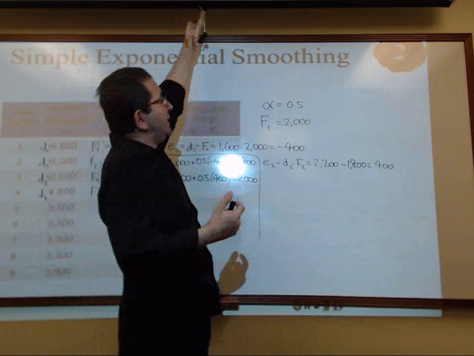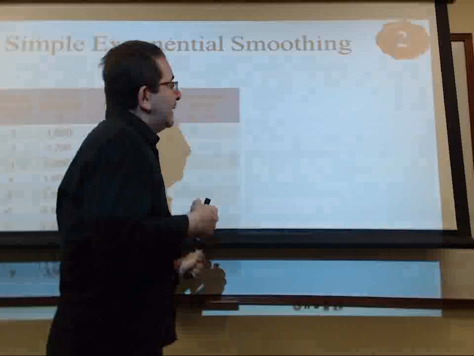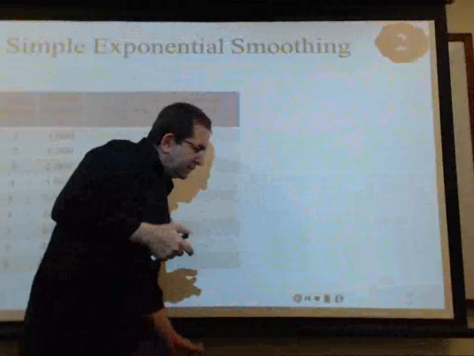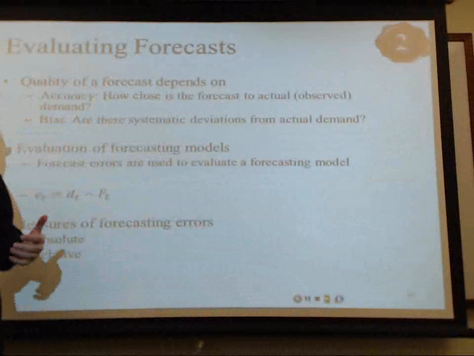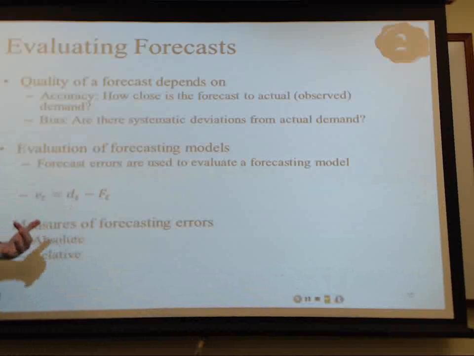Okay, so now what is forecast quality? Now let me talk about forecast quality now. Forecast quality can be measured in different ways. Okay, there is no single measure of forecast quality. There are multiple measures of forecast quality. Just like if you think about the financial performance of a firm, there are different types of financial ratios.